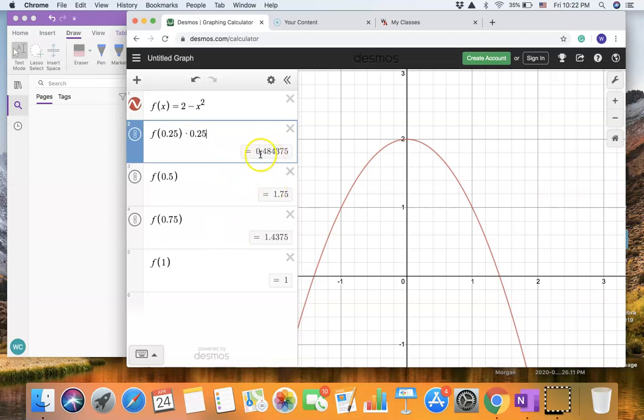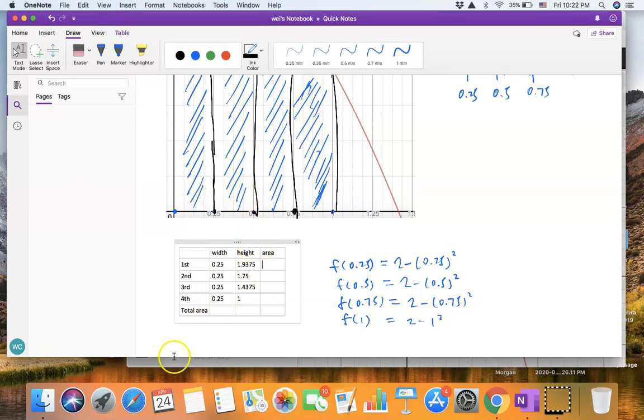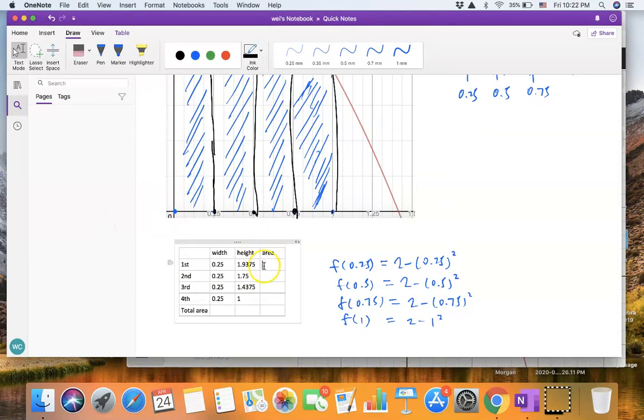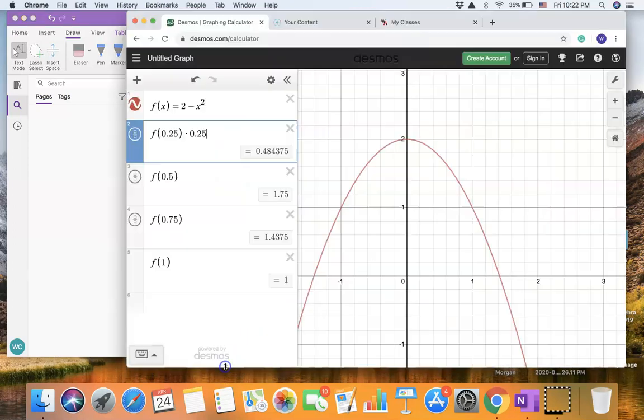That gives us the area of the first rectangle, which is 0.4844 if we keep only 4 decimal places.